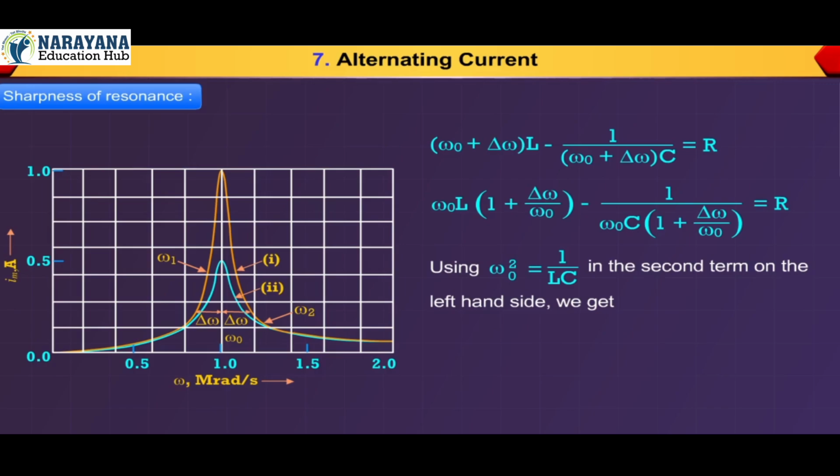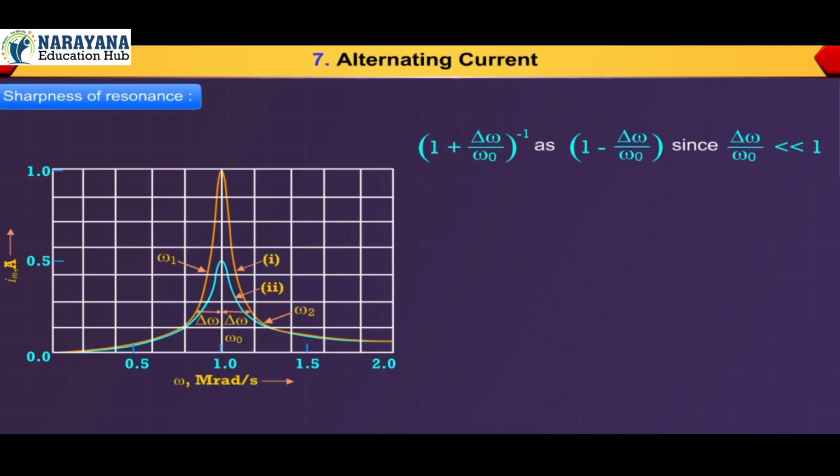In the second term on the left hand side, we get omega 0 L into (1 plus delta omega upon omega 0) minus omega 0 L upon (1 plus delta omega upon omega 0) is equal to R.